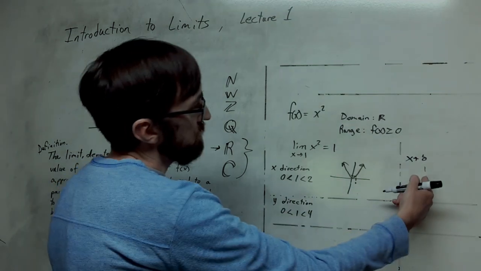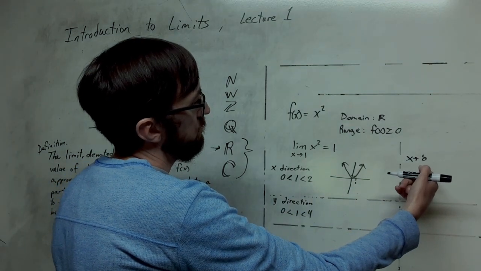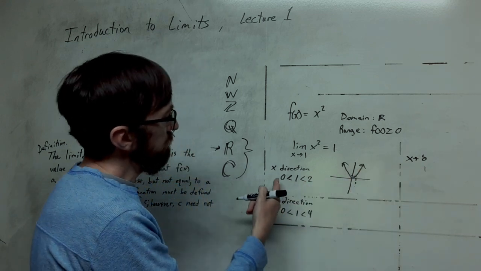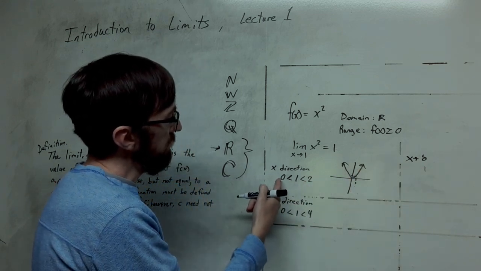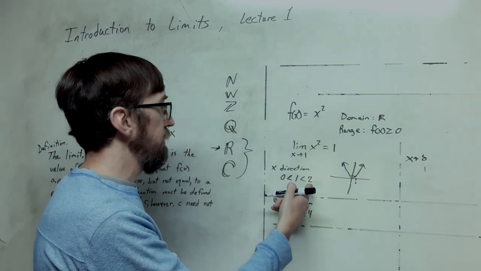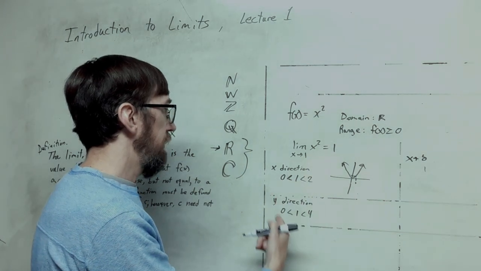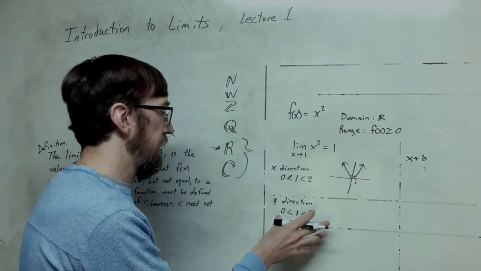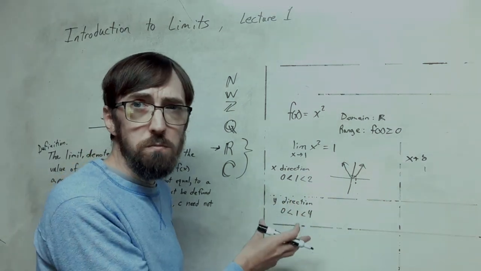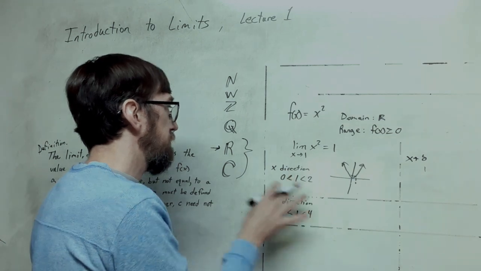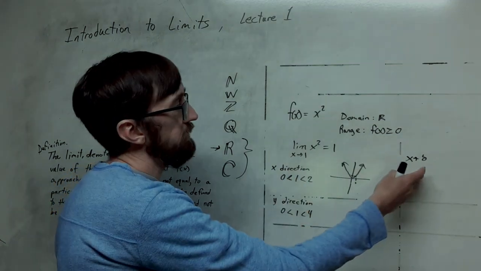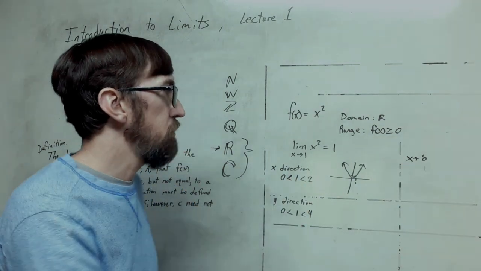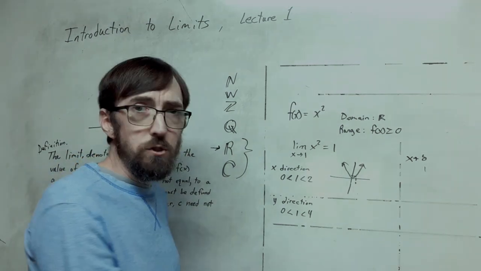And I can choose a smaller delta if I want. I could choose half, so that I'm only looking at values between a half and 1.5, and I'll get values still falling into this range, but actually I can make that range smaller and still capture all of these values. And then I can make delta as small as I want arbitrarily.